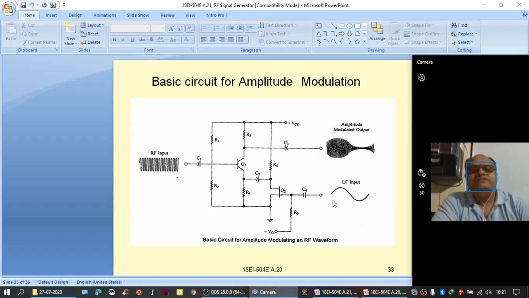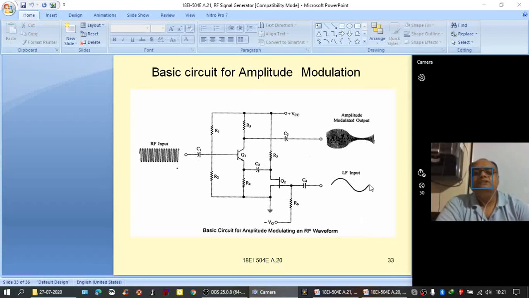The audio frequency signal is applied as input, and the carrier frequency signal, that means radio frequency, is applied as another input, and the circuit produces an output. In this output, the magnitude of the radio frequency signal, that is the high frequency signal, is modulated according to the magnitude of the low frequency audio signal.